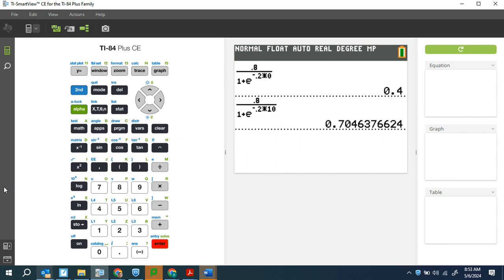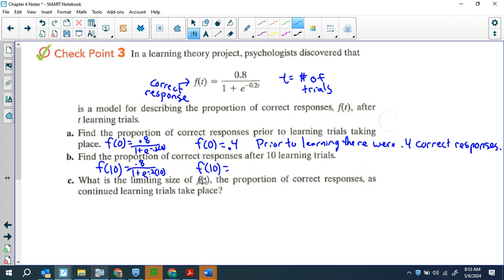So we have 0.7 as our correct responses. So after 10 learning trials, there was 0.7 correct responses.